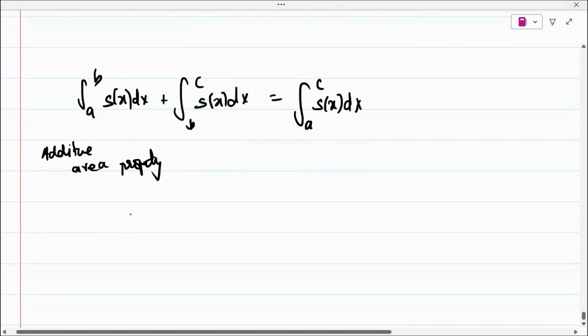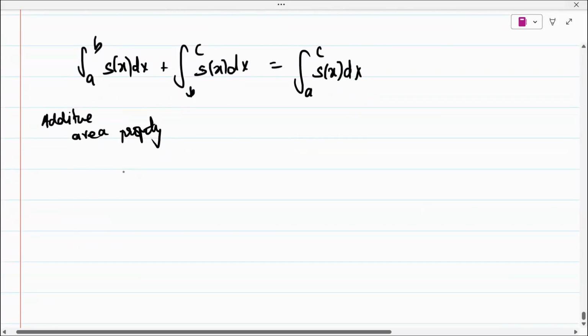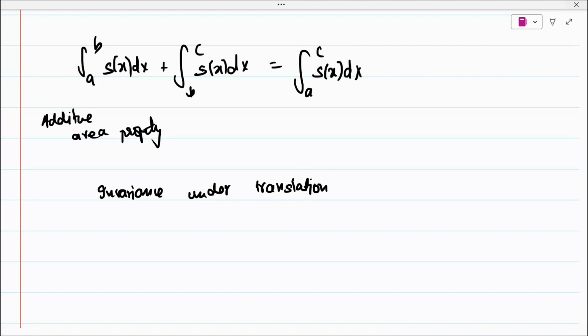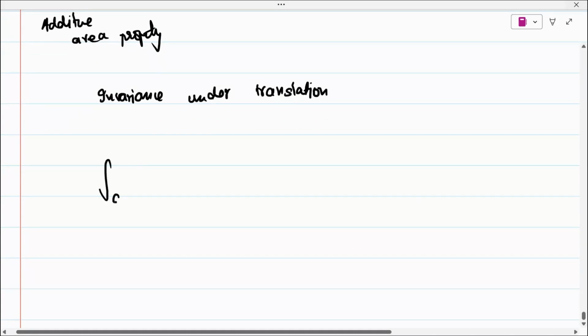And then we have the invariance under translation property, which is basically so you have the integral of s of x dx.